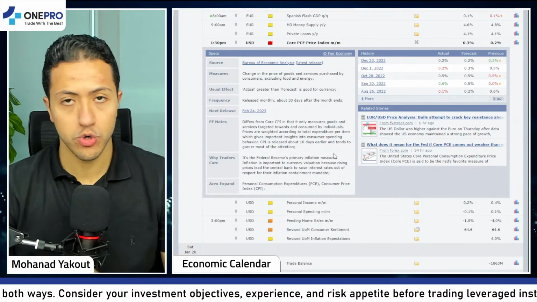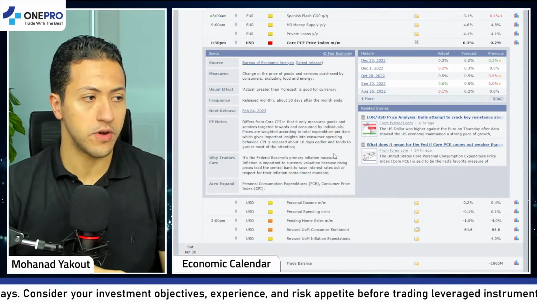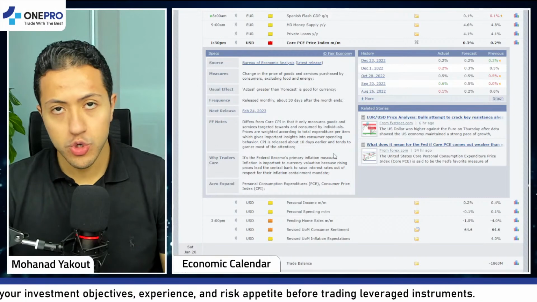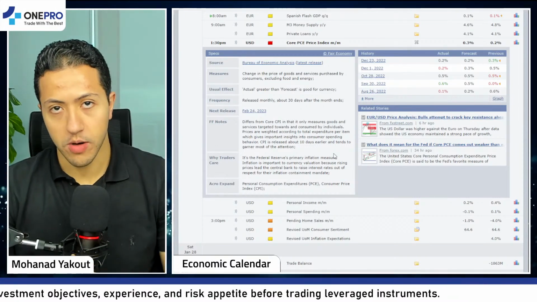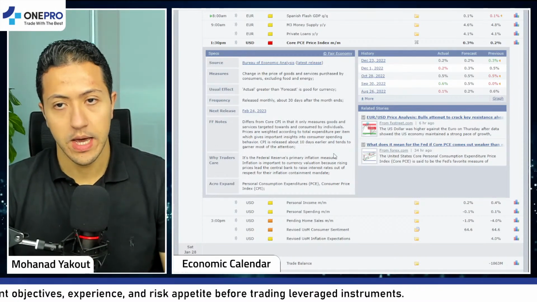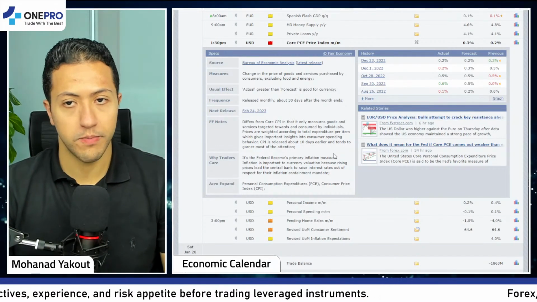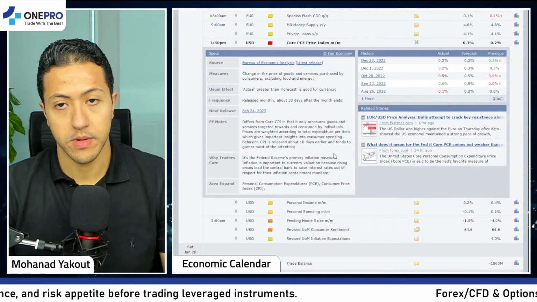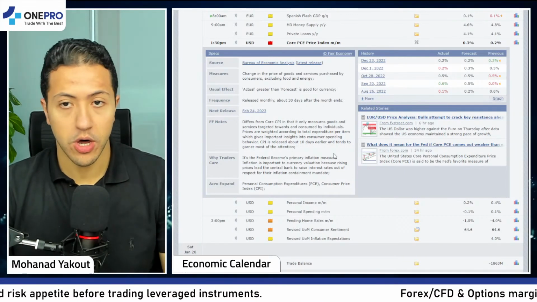We usually look for the CPI data, however, this is more important to the Federal Reserve. Usually, the Federal Reserve will not stop raising interest rates until this core PCE index is lower than the interest rate on the US dollar.